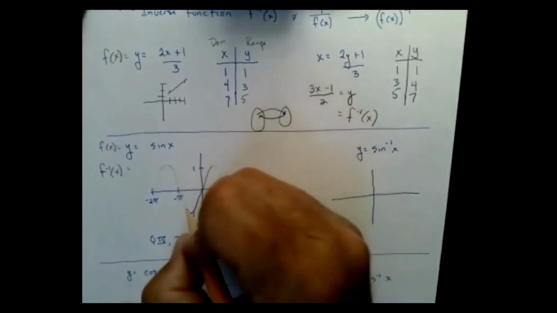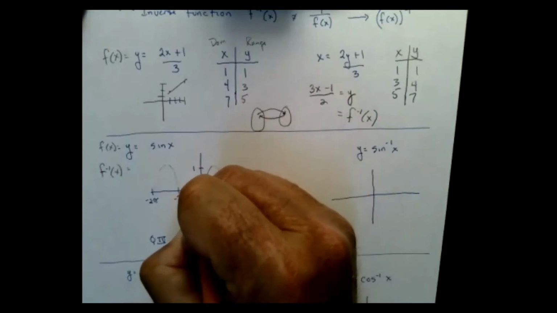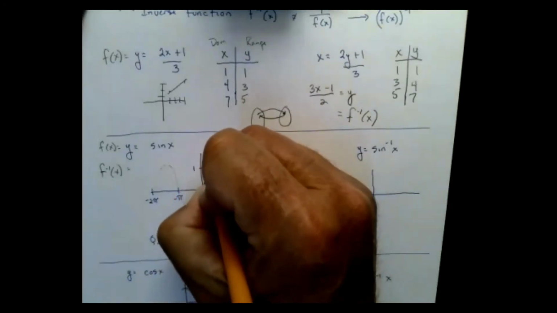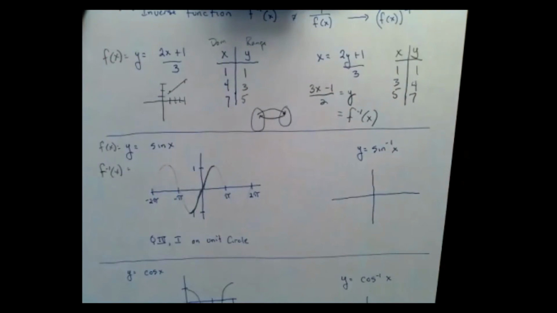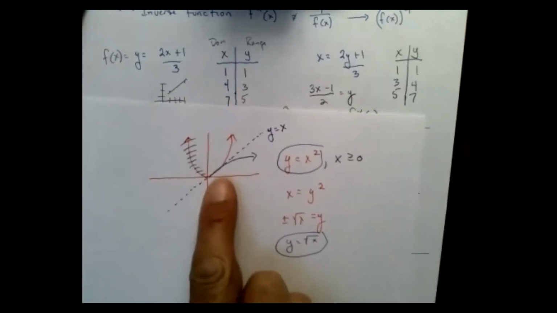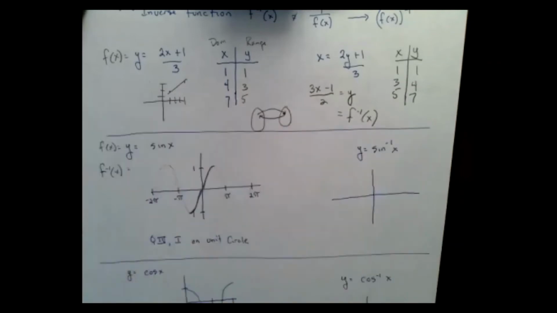So now all I have is from -1 to 1, and I hit all those values. And that little segment of y equals the sine of x is what I'm restricting, just like I restricted y equals x squared.